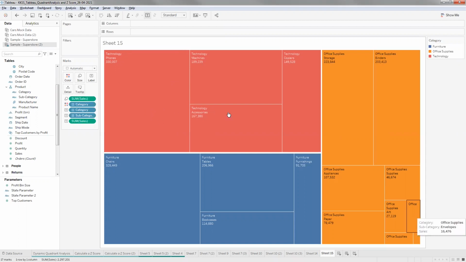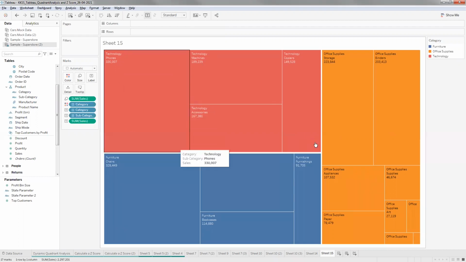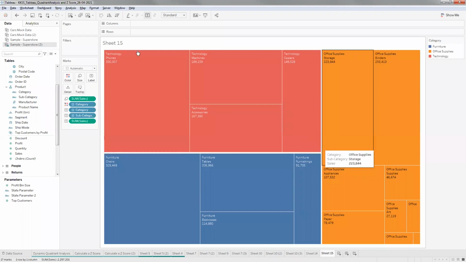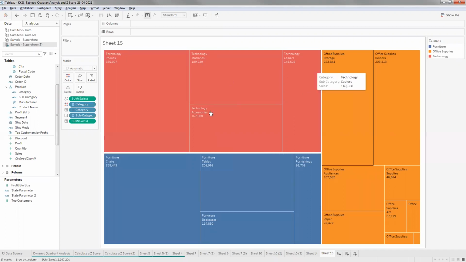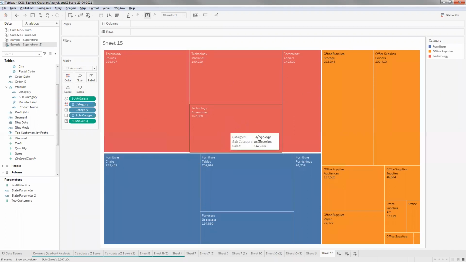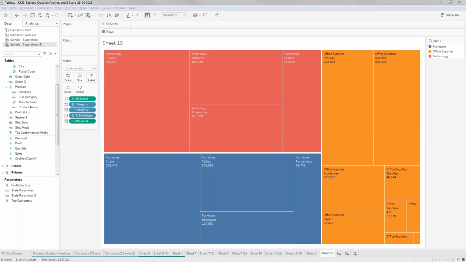I can also see what my sales are within a category, and how my sales for each of the categories, each of the color regions, compare with the total. There are lots of analyses possible, both relative and absolute. It's also a pretty popular approach when we are trying to show composition across categories, both relative and absolute.